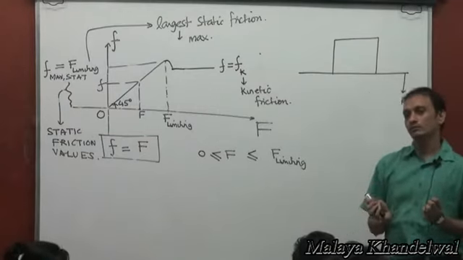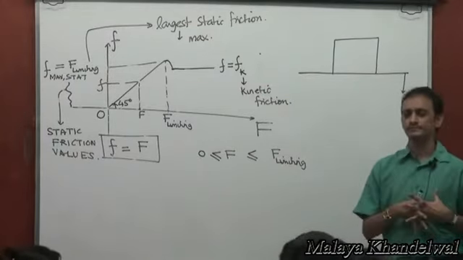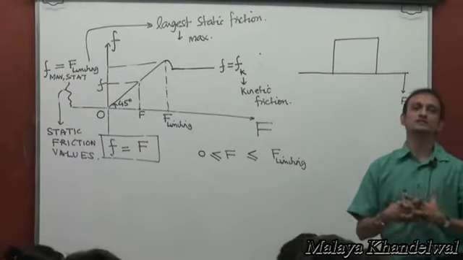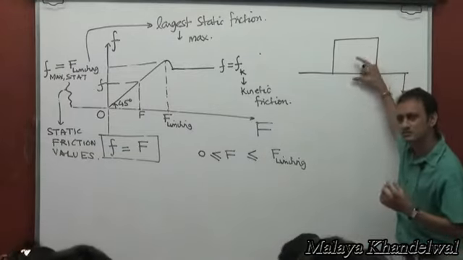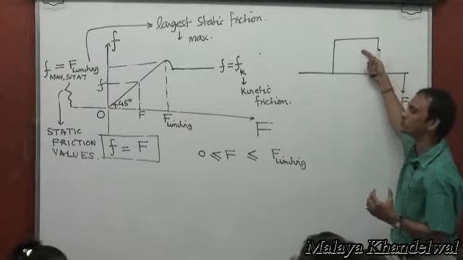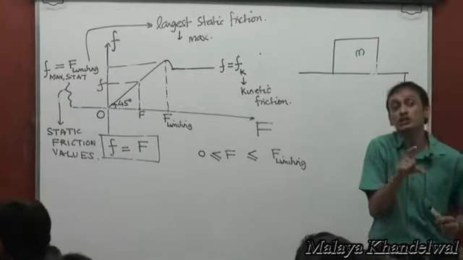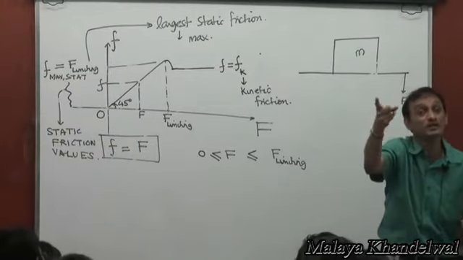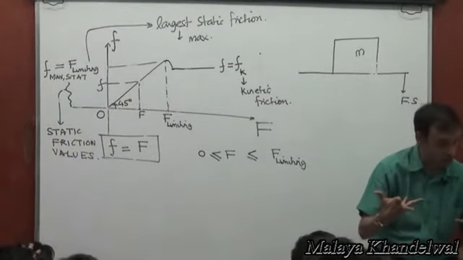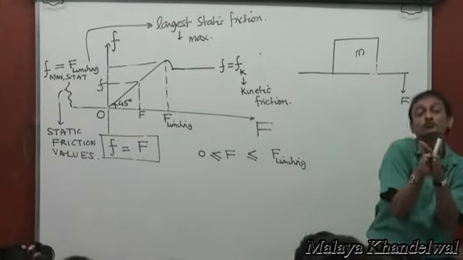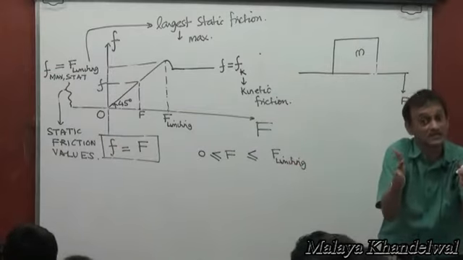Now, the simple model of friction suggests that if the fixed surface and this body are pressing hard against each other, that pressing is measured by what kind of a force? The normal force between the two surfaces, right? The normal force between two surfaces is a measure of how intensely they are pressing against each other.